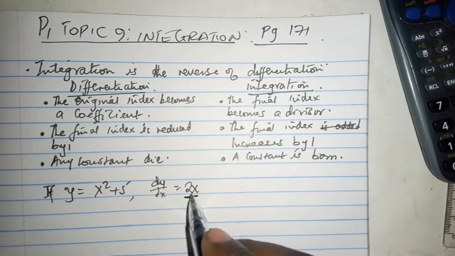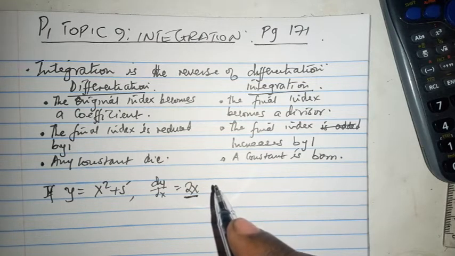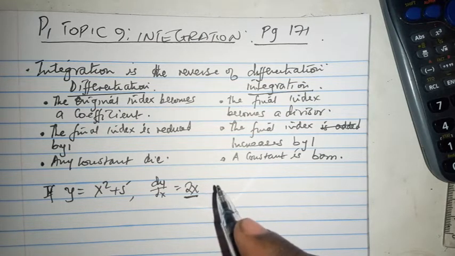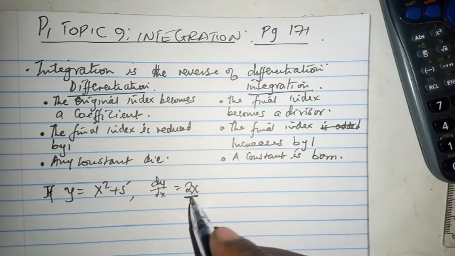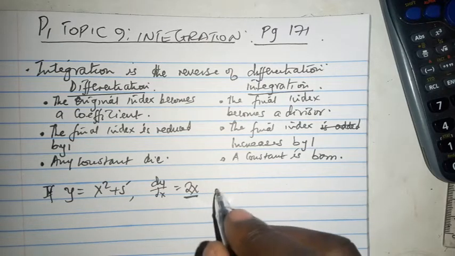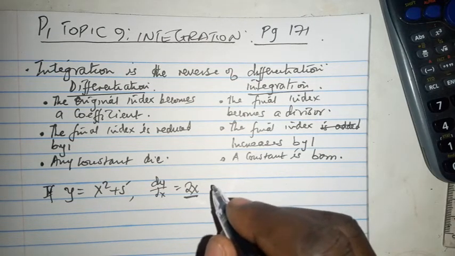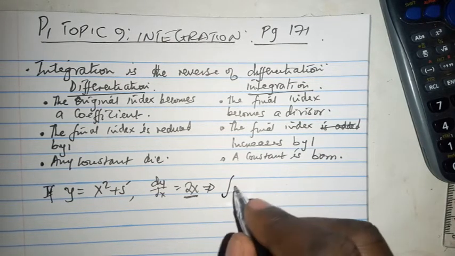Differentiation is a way of getting the gradient of a curve, and integration is a way of getting the function back when you have the gradient. So when we integrate 2x, we should get something like x squared. This is the most important part. The symbol of integration is that elongated s.